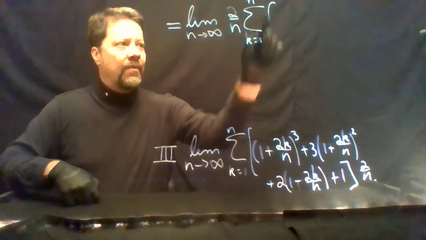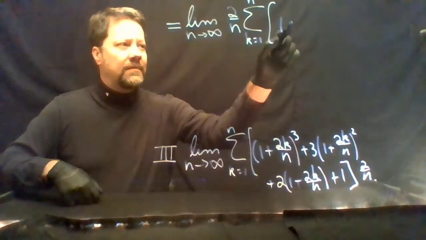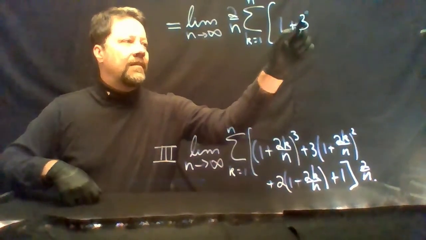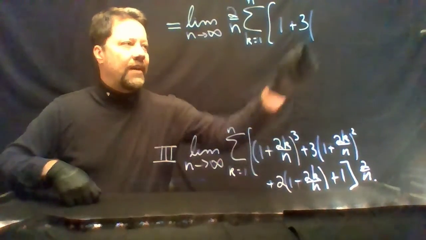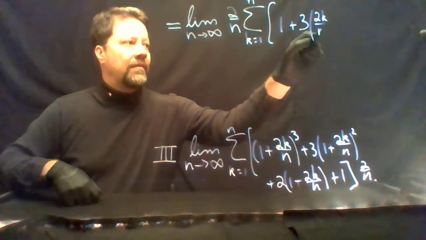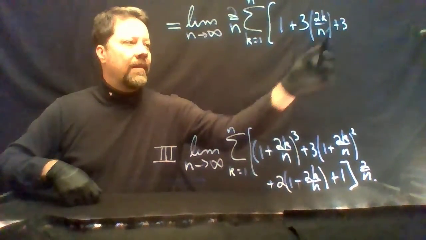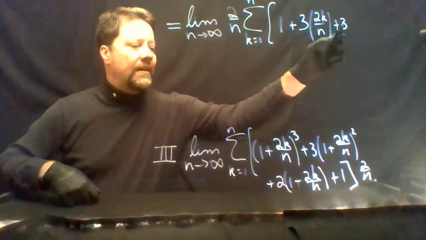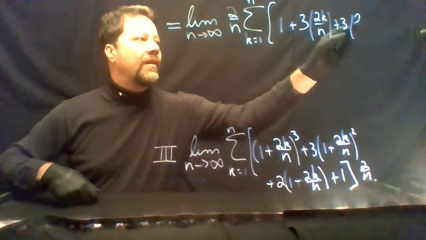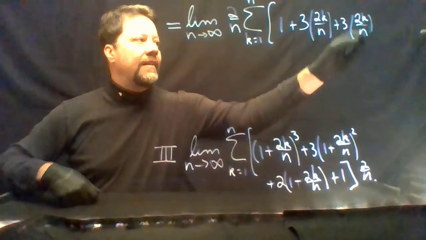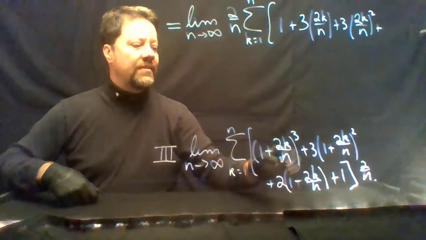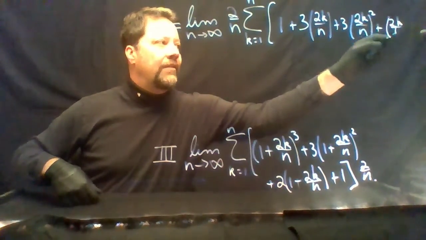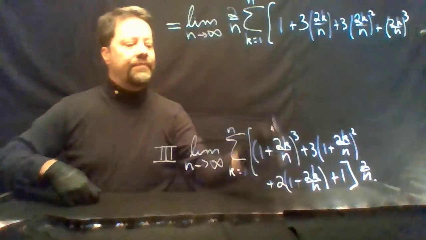So that's going to be 1 cubed, which is 1, plus 3 times 1 squared times 2k over n, plus 3 times 1 times 2k over n squared, plus 2k over n cubed, 1 times 2k over n cubed.